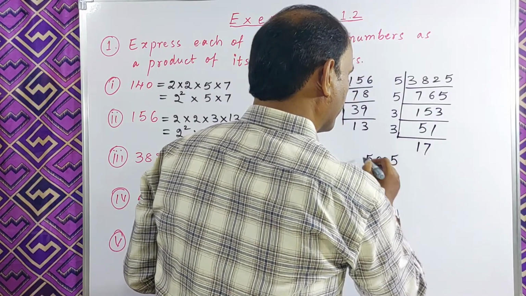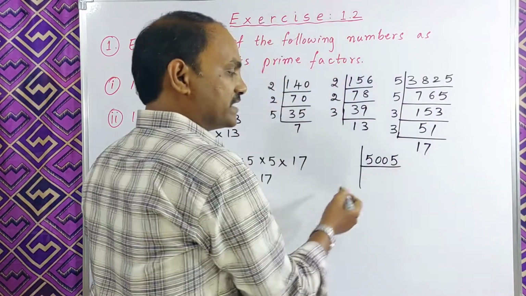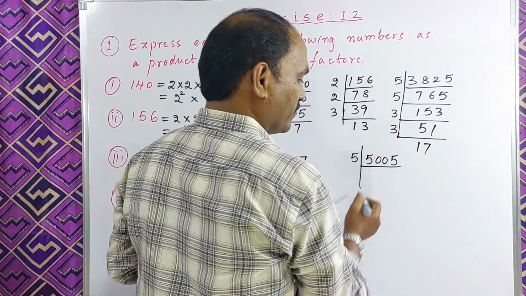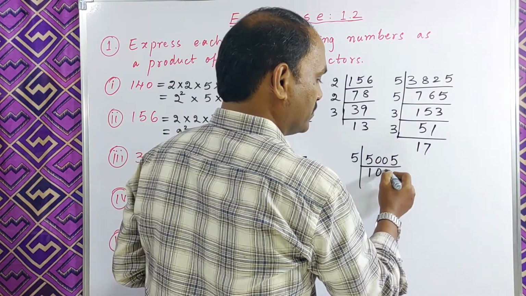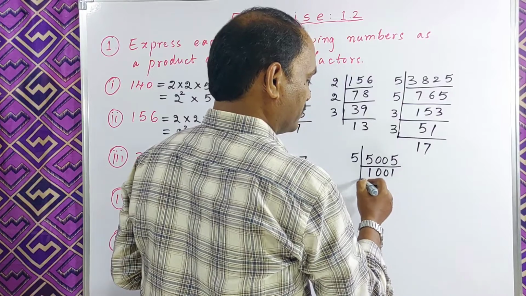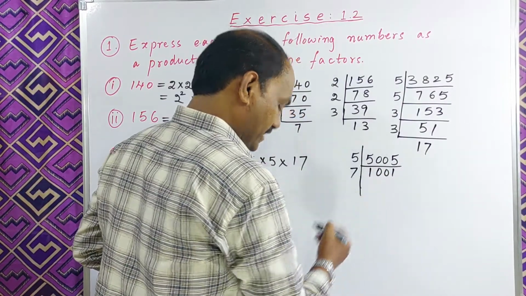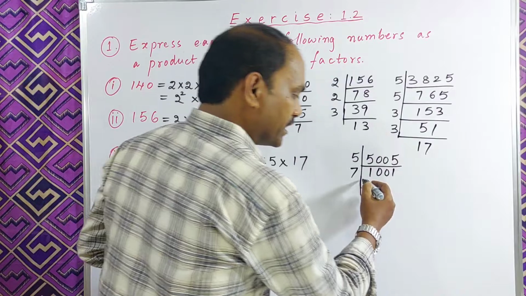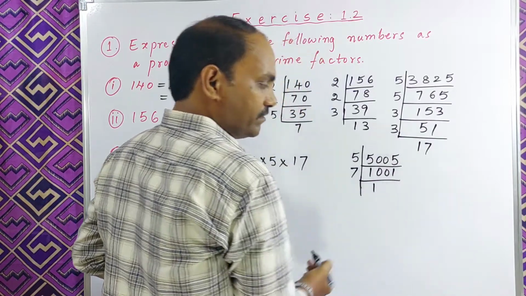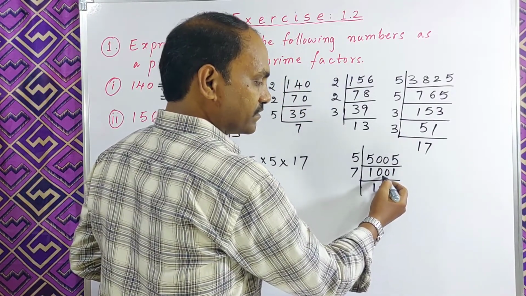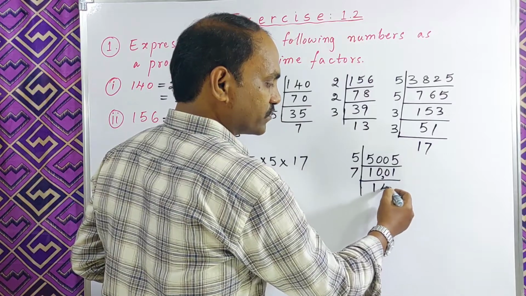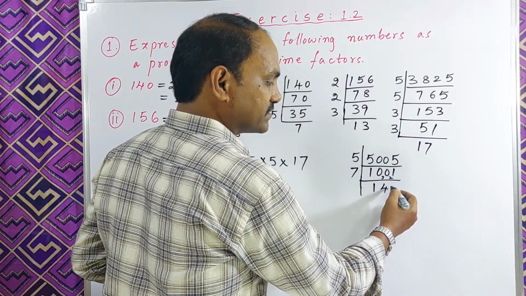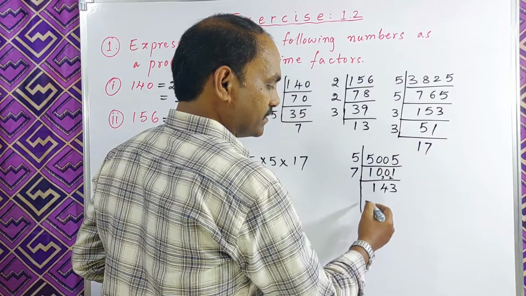Let us check 5005. 5 is there, that's why divide with 5. 5 ones are 5, 0, 0, 5 ones are 5. This is divisible with 7. Here 7 ones are 7, 3 is there, 7 fours are 28, 2 is there, 7 threes.